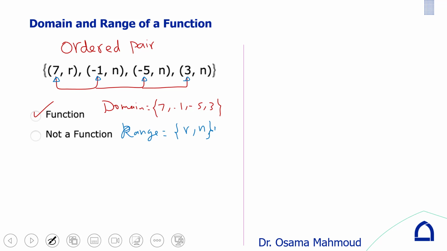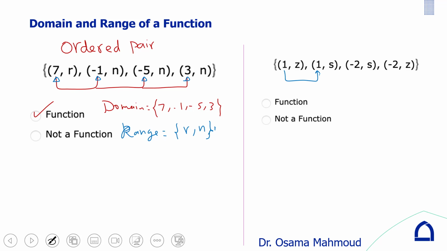If you have a repetition in the domain, it will not be a function, but there is no repetition here in the x coordinate. Now here, it is enough to find one repeated, so it is not a function. So it is a relation. This is only a relation, right? Not a function, but a relation.